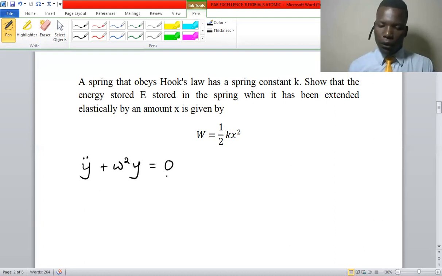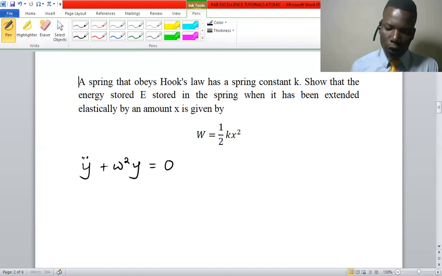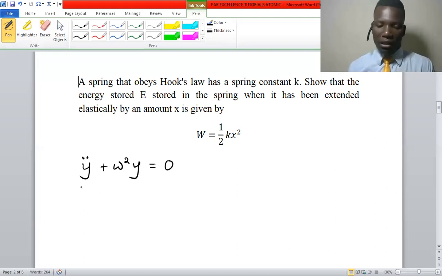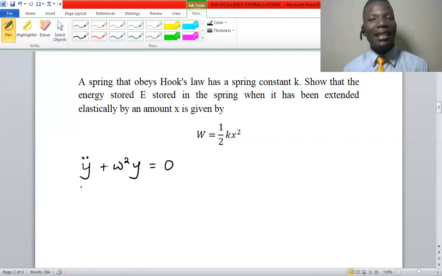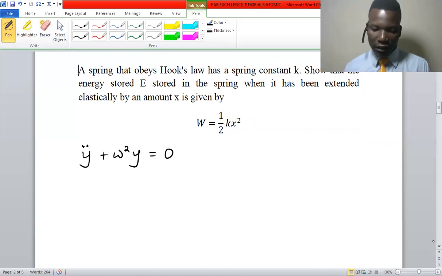So that is the equation. When you see the double dots like that, it means that y has been differentiated twice. So we're going to reverse this. I don't know if I'm doing it the hard way, but we're going to reverse this.